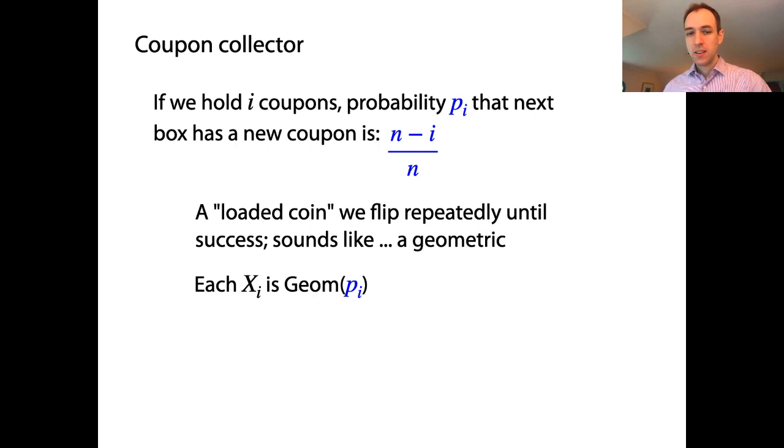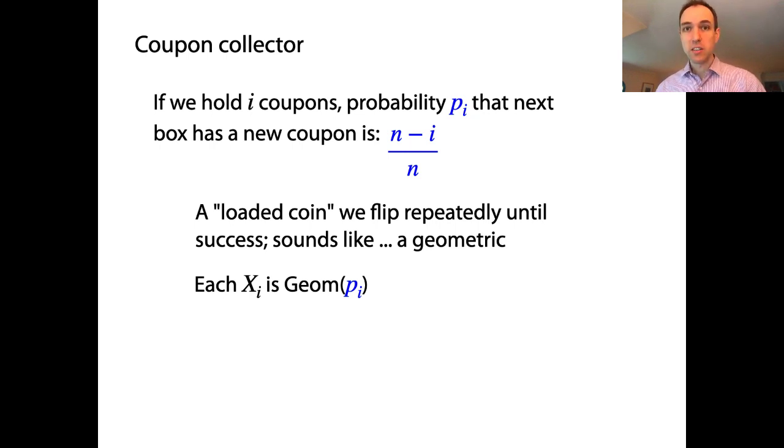If we're satisfied with the expected values of things, then we've set ourselves up for success, because we said that the overall coupon collector random variable, big X, equals the sum of stage-wise geometric p random variables. And we know the expected value of a geometric p random variable is 1 over p.